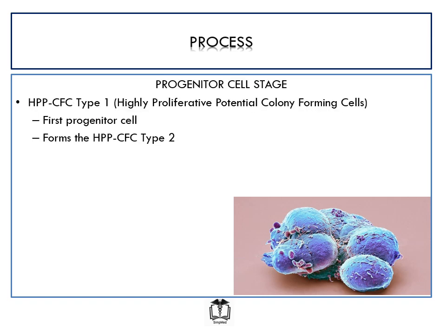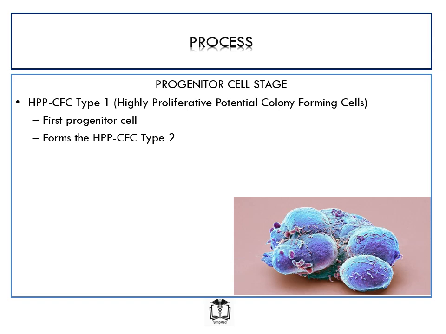Now moving on to the progenitor cell stage, we start with the highly proliferative potential colony forming cells, also known as HPP-CFC type 1 cells. This is the first progenitor cell under the lineage of myelopoiesis, and what you need to remember about progenitor cells is that they are committed to a particular cell lineage.